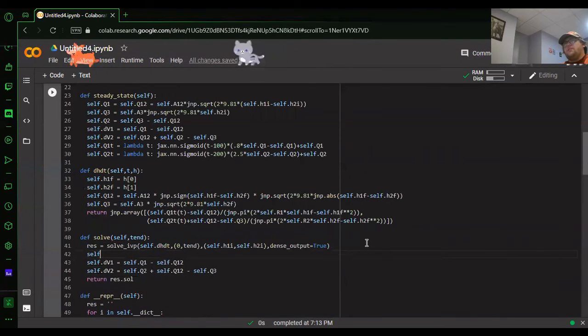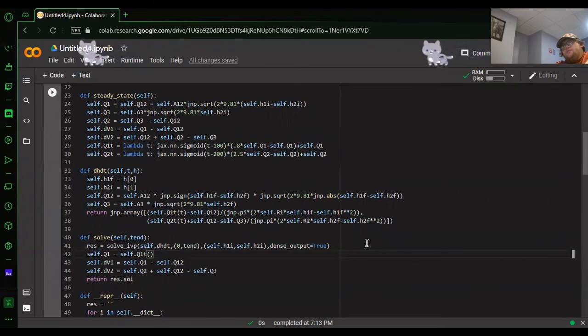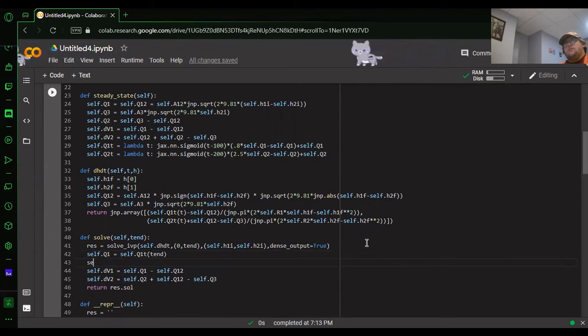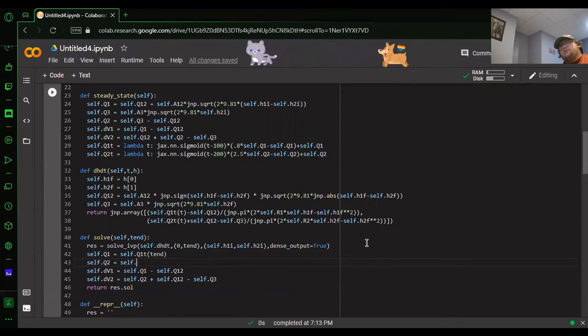Now before that, we need to update our q1 values, so self dot q1 to self dot q1t at our tn value, our self dot q2 be equal to self dot q2t tn.